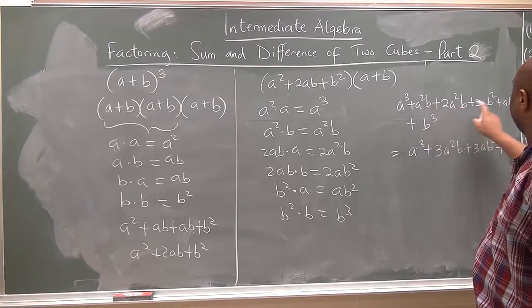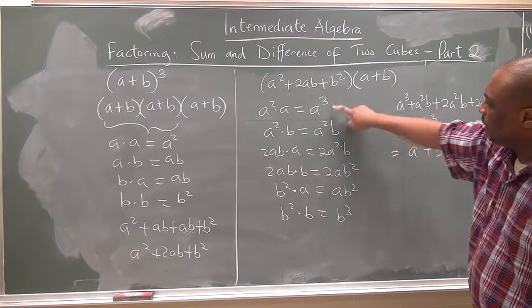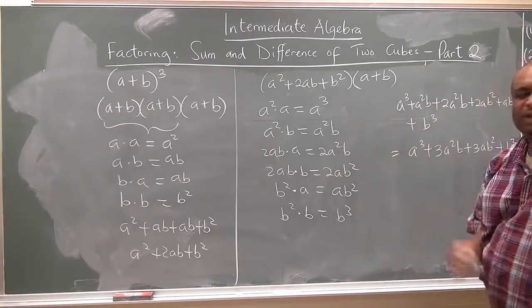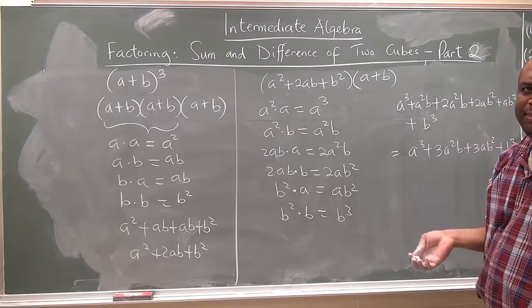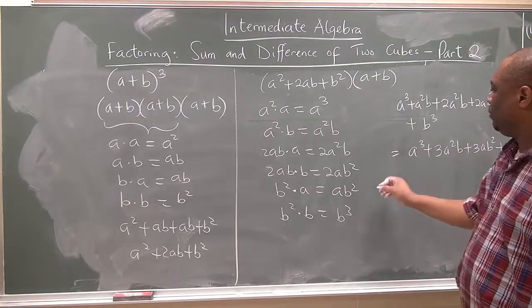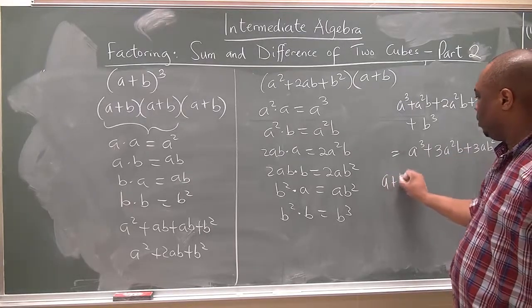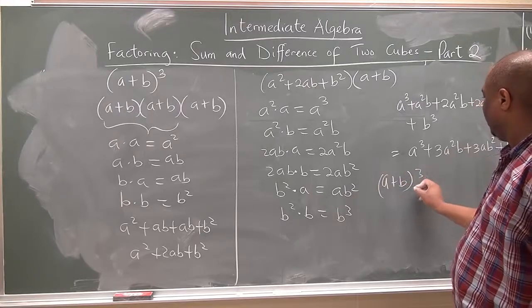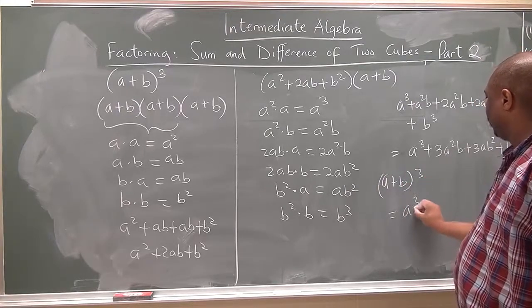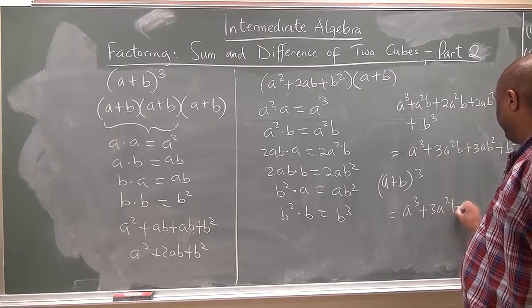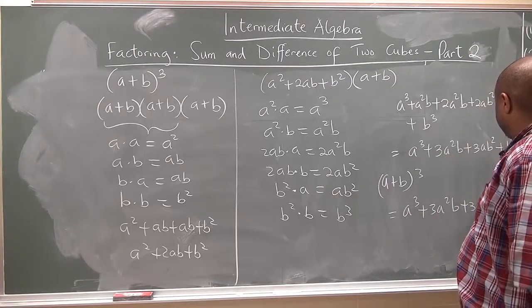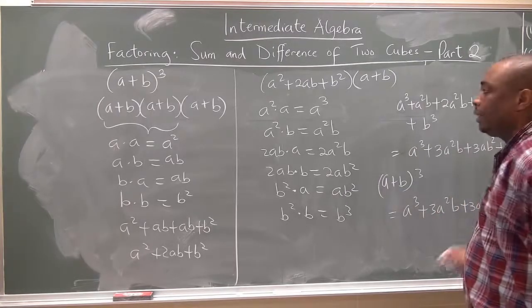Okay, 1, 2, 3, 4, 5, 6. 1, 2, 3, 4, 5, 6. Just to make sure that I don't skip anything. So we see now that (a plus b) all cubed is a cubed plus 3a squared b plus 3ab squared plus b cubed.